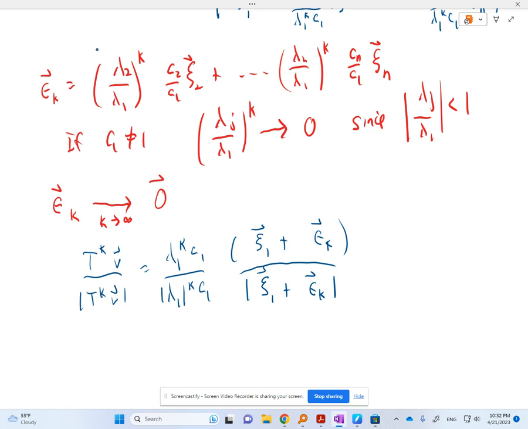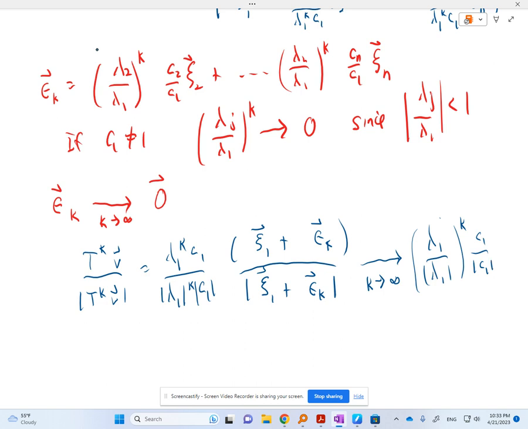Okay. It's not too far to see that when k goes to infinity, this numerator is going to go to zeta 1, and this denominator is going to go to the norm of zeta 1. So it's going to be lambda 1 over the absolute value of lambda 1, to the k, times c1 over the absolute value of c1.